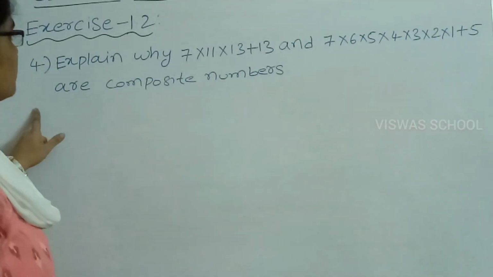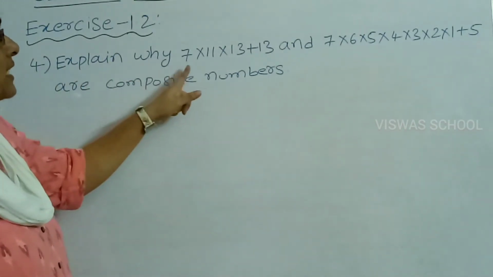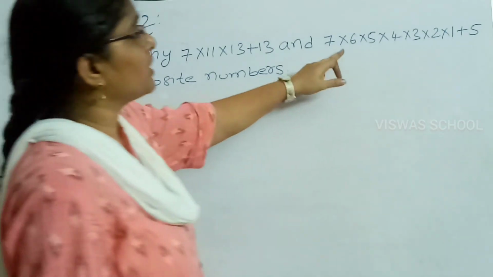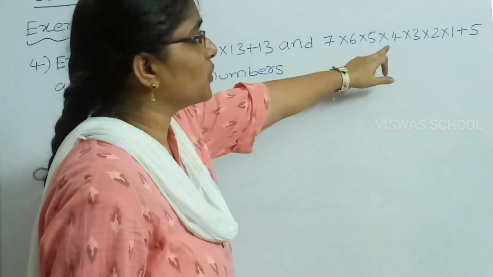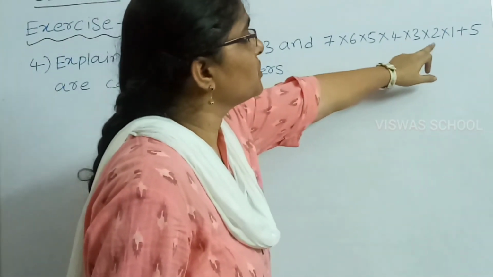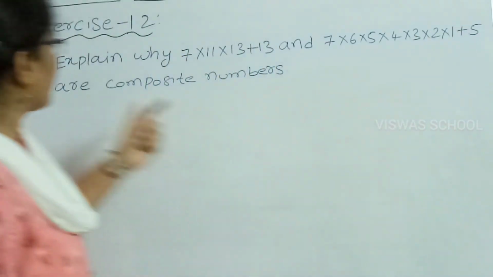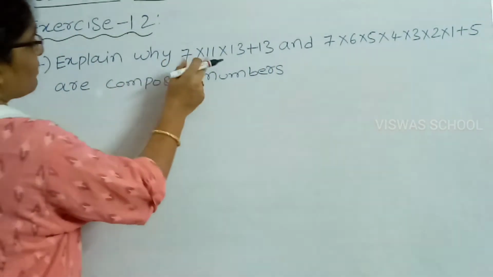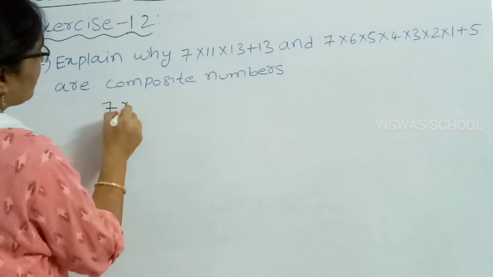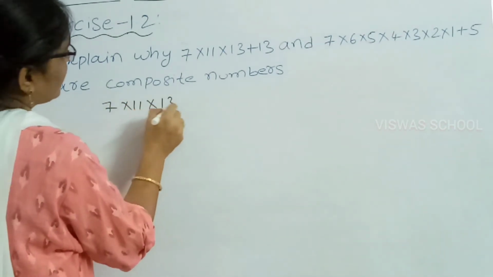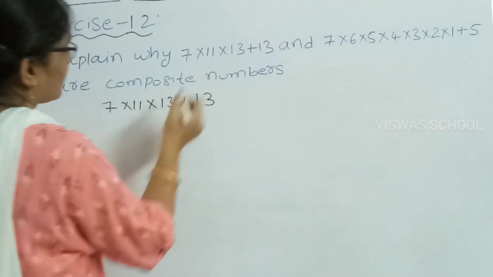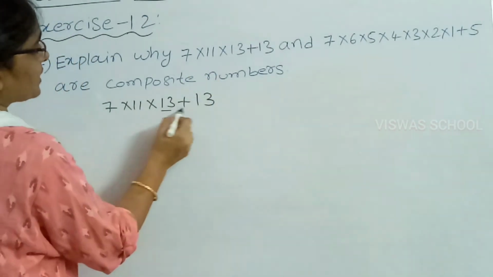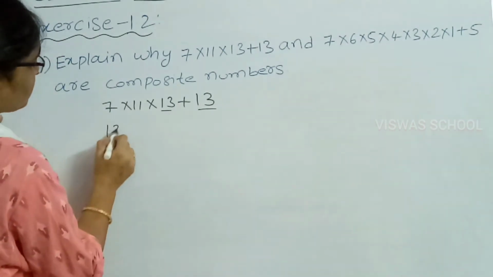Next problem is, explain why 7 into 11 into 13 plus 13 and 7 into 6 into 5 into 4 into 3 into 2 into 1 plus 5 are composite numbers. First check 7 into 11 into 13 plus 13. Once you observe this, in these two 13 is common. Let it be common.